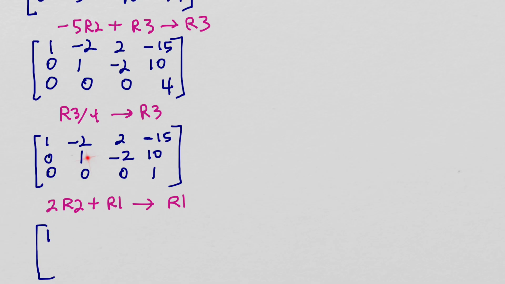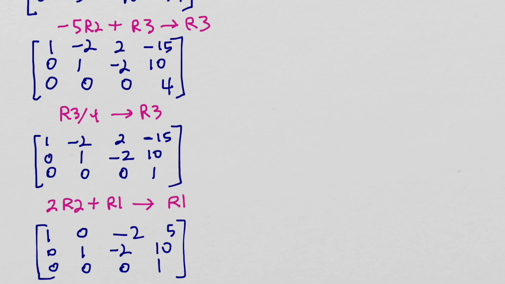Now 2 times 1 is 2, minus 2 is 0. And 2 times negative 2 is negative 4, plus 2, that's negative 2. And then one more. 2 times 10, that's 20, minus 5 is 5. And then put the other ones back. And then we have that.